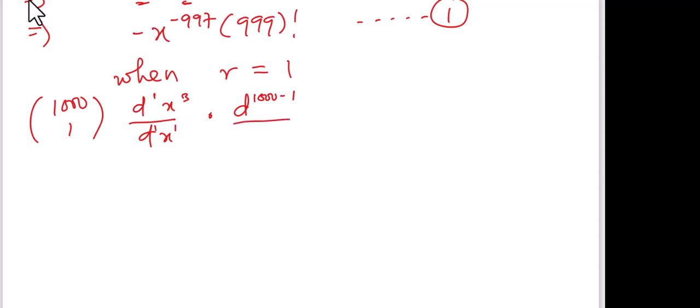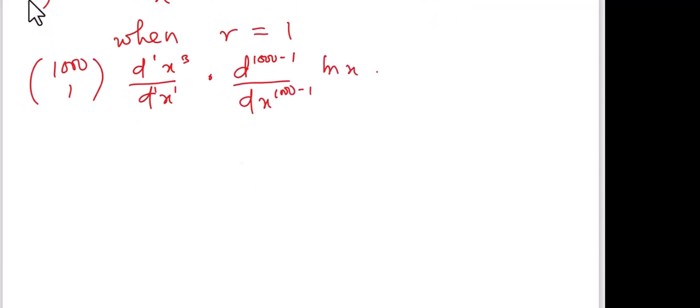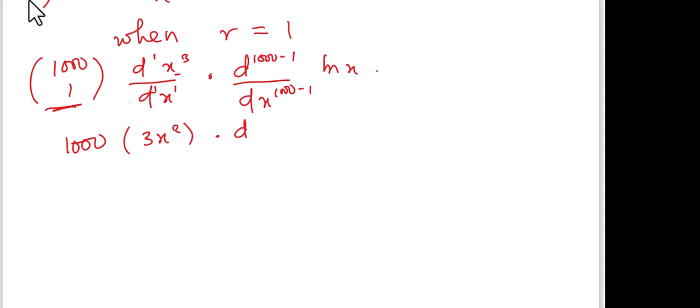Then we have the x^1000 minus 1 ln of x, like this. So here we'll get 1000 combination 1, which is 1000, and differentiating this one once gives 3x squared times d^999/dx^999 of ln of x.